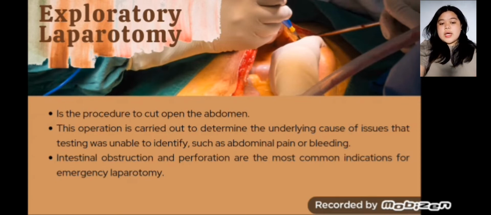Later on, my group mate, Miss Quintano, will be discussing the possible lab tests that would be done to the patient to know the underlying causes of this problem. Patients in this subgroup have higher mortality and morbidity due to frailty, poor nutrition status, and of course the immune response.